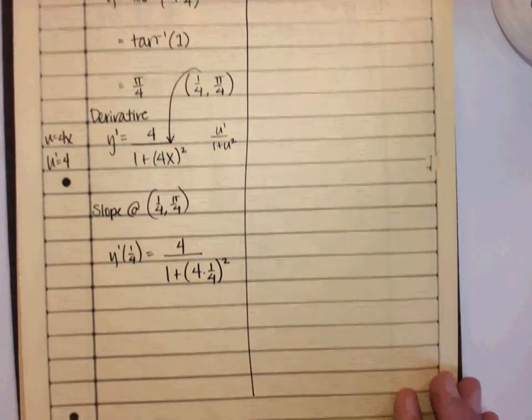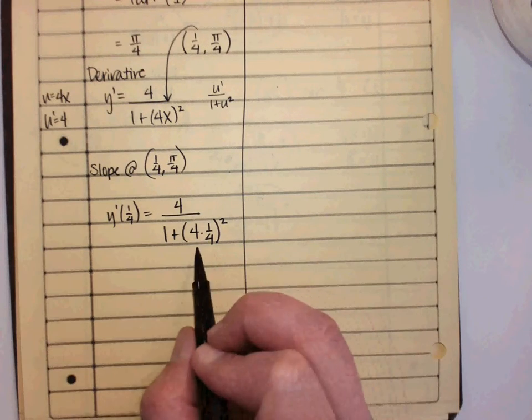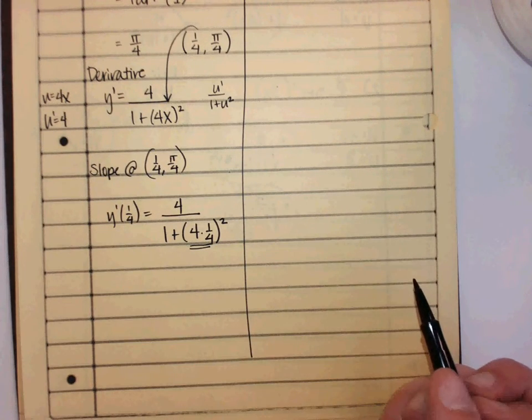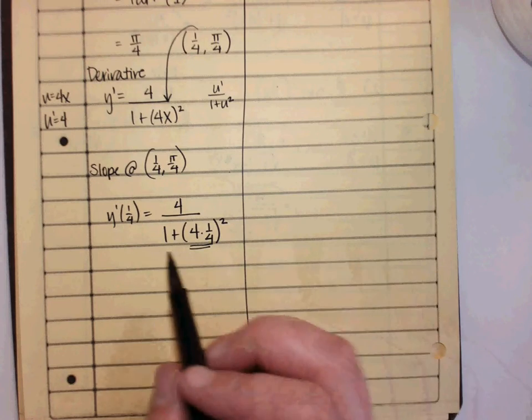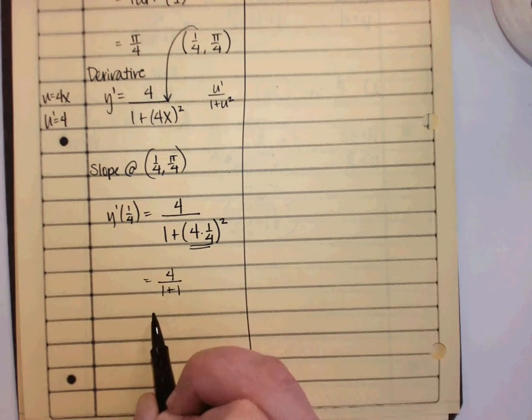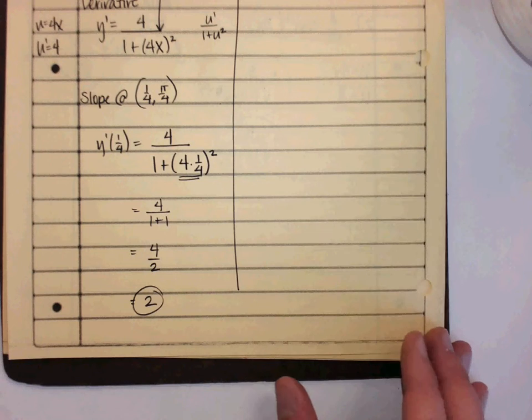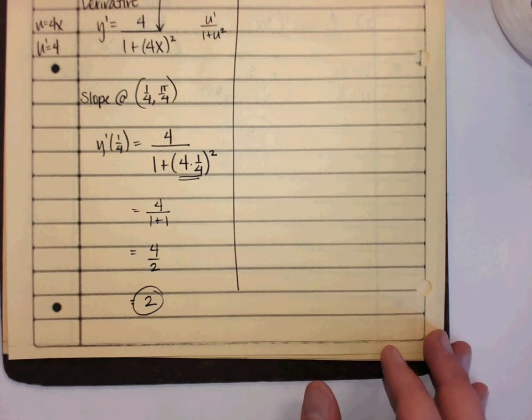Inside the parentheses, if I plug in a fourth next to a 4, what's that really in there? Just a 1. What's 1 squared? What's 1 plus 1? So I have 4 over 1 plus 1, which is 4 divided by 2, which is 2. On the other side, what slope do I expect to get if my first derivative was 2? 1/2.